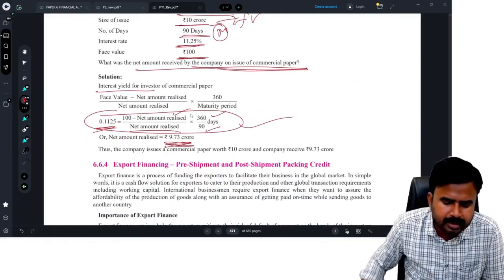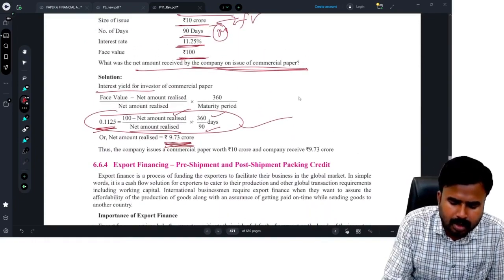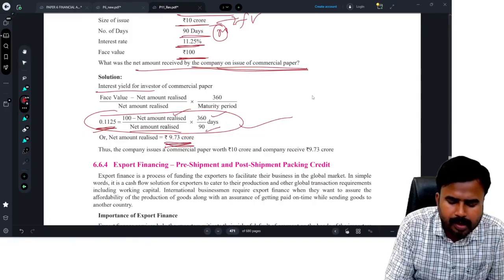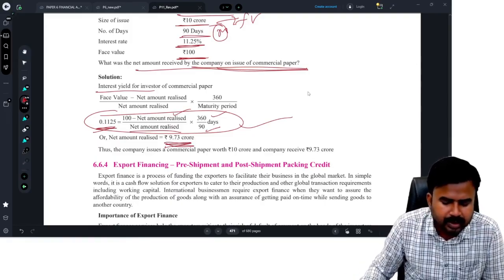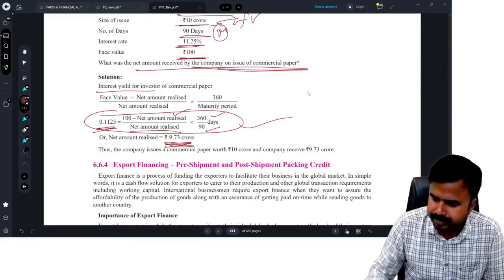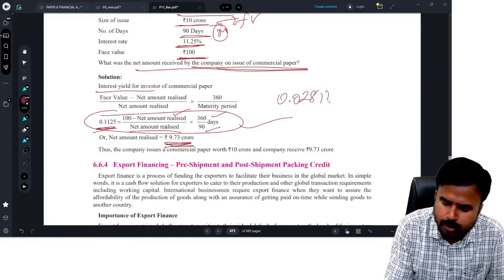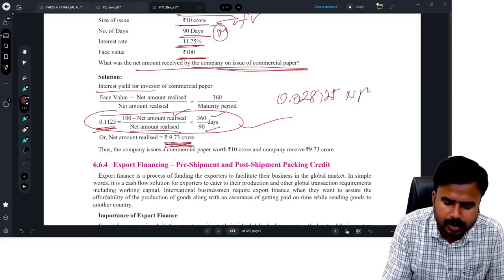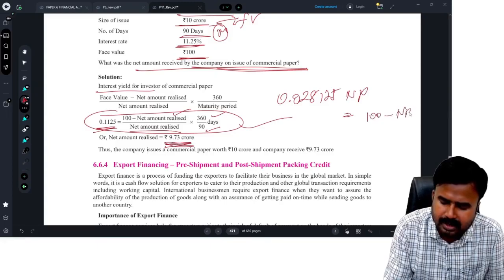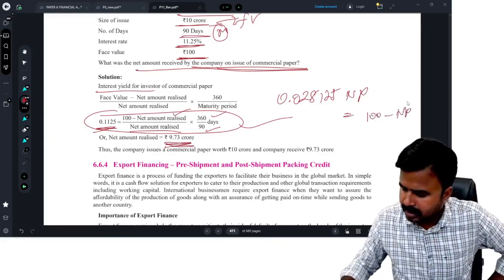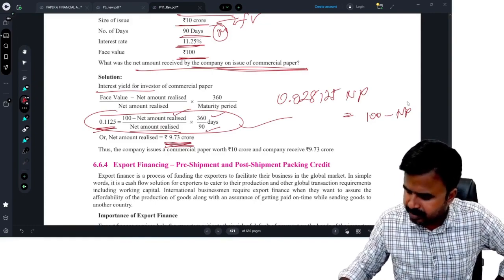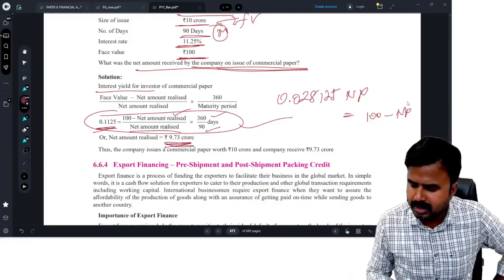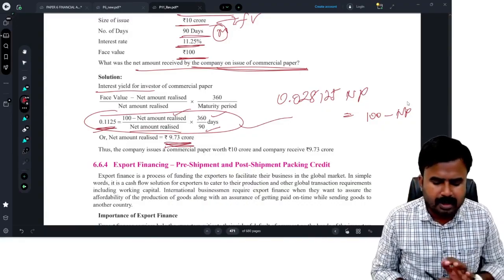They've taken this 10 crores money. 0.1125 into 90 divided by 360 is 0.028125, into net proceeds, is equal to 100 minus net proceeds. Then plus 1, 1.028125. 100 by this number, I got 98.2644.